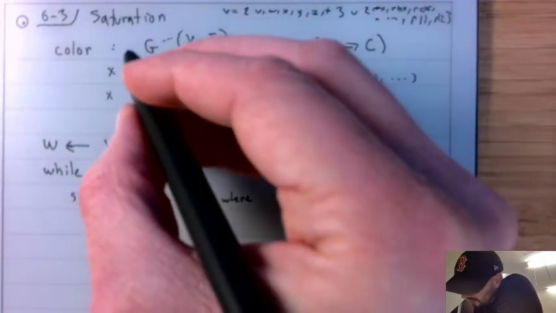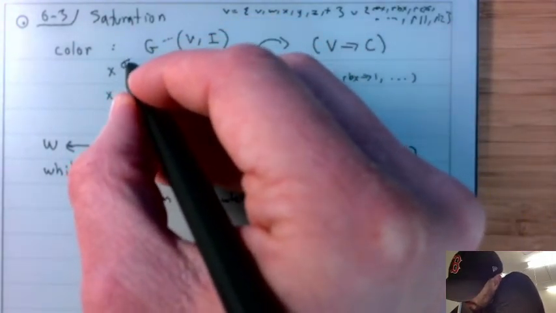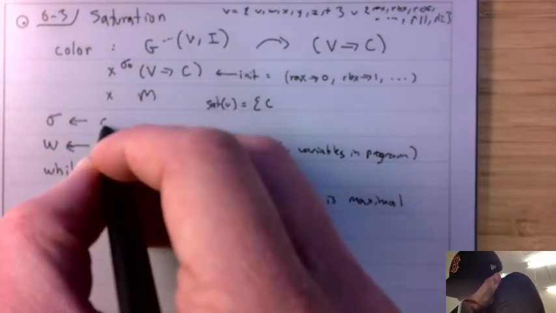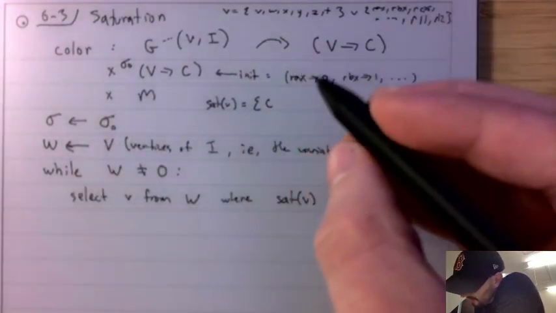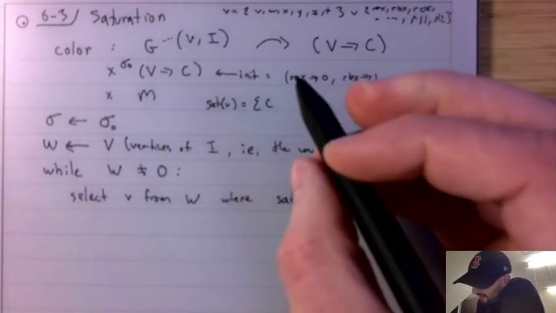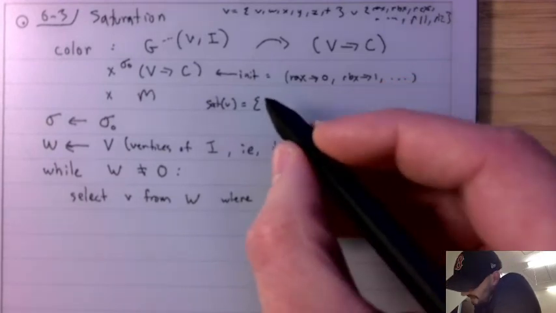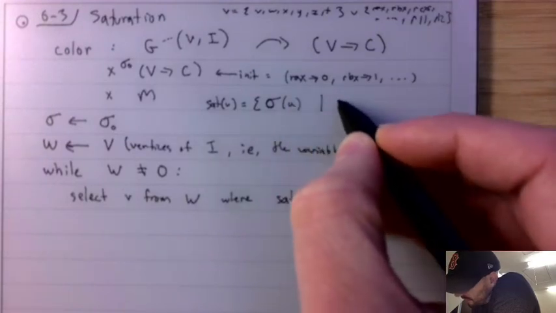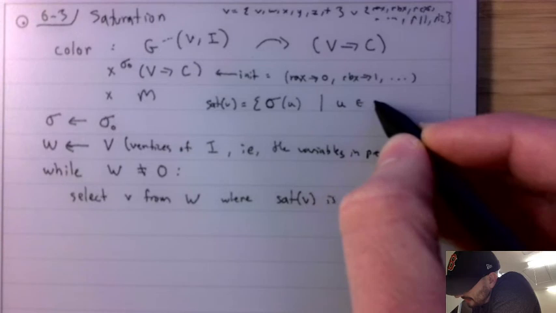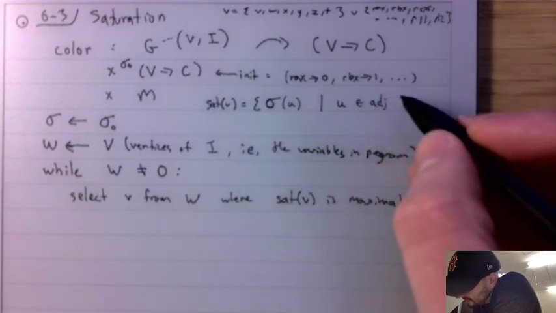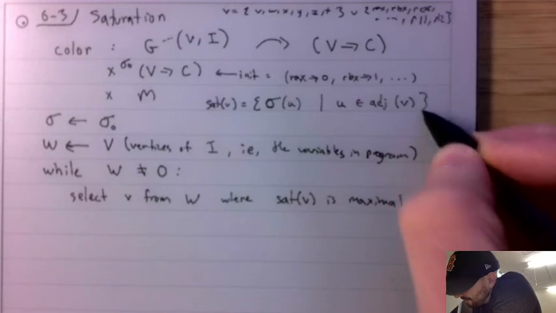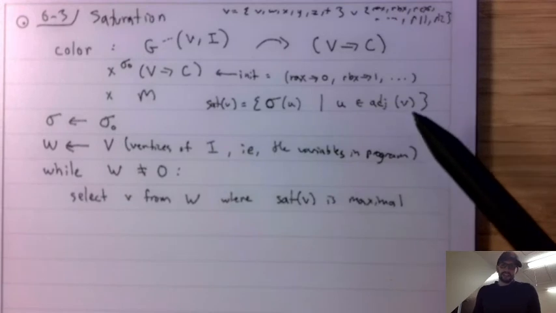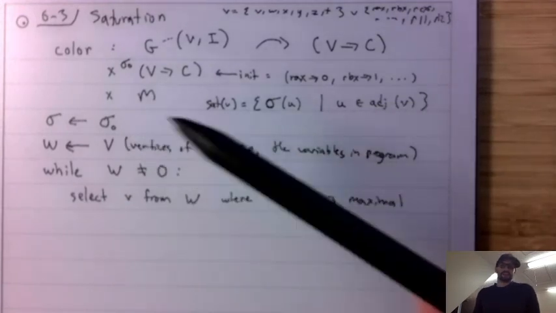So this initial coloring, we're going to call this row 0. So row is going to start off being equal to row 0. Now the saturation of V is the set of row U, where U is in the adjacency set of V. So basically what sat V does is it looks at all of the things that are adjacent to V and then looks up their current coloring inside of row.